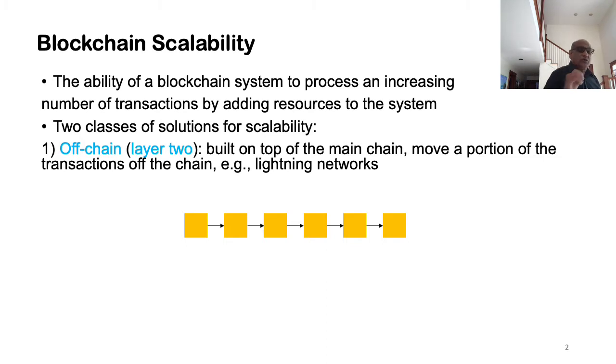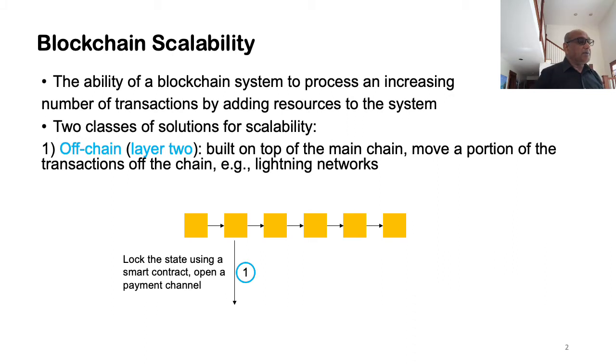So what you do is, at some point, you realize that there are two entities who want to interact with each other, and in the control plane, or in the blockchain, you lock the state at a certain point and you open what is referred to as a payment channel.